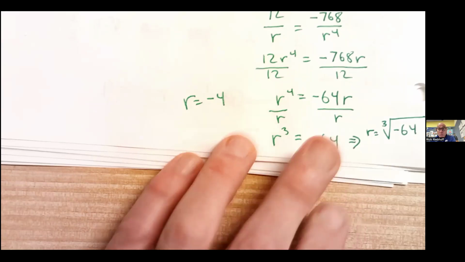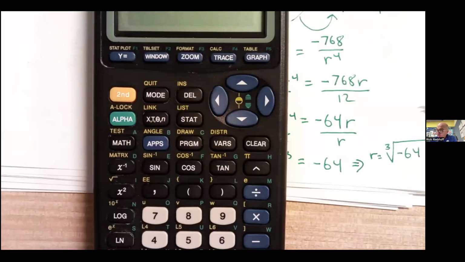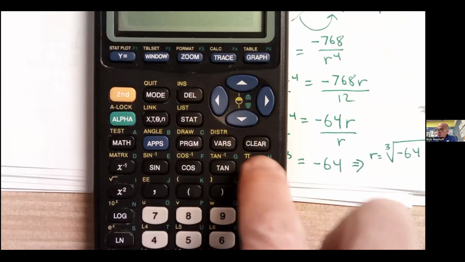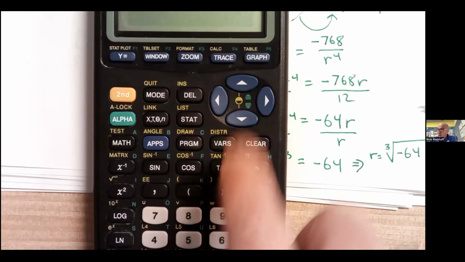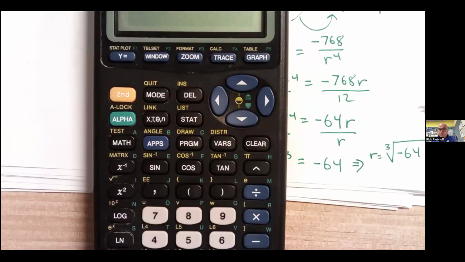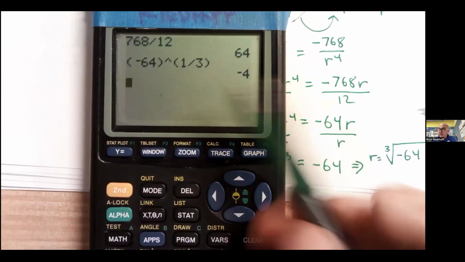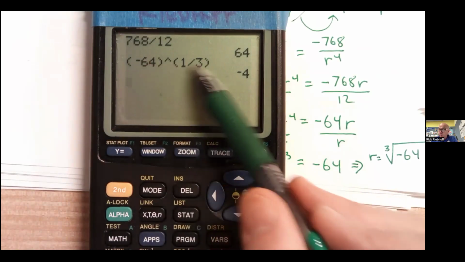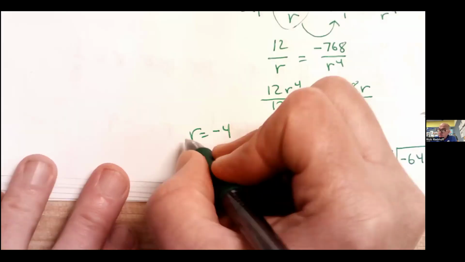Cube root is also the 1/3 power. On an old calculator like mine, I put negative 64 in parentheses, keeping the negative next to it, raised to the power of 1 divided by 3 in parentheses, and the answer is negative 4. Cool, if you needed your calculator. So there we go. We got this.